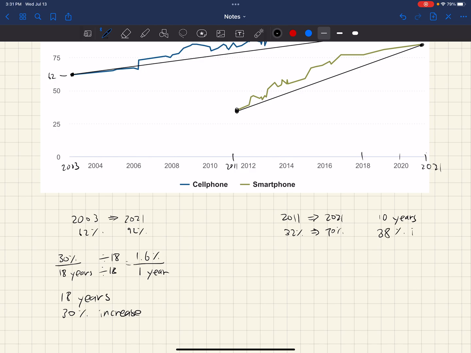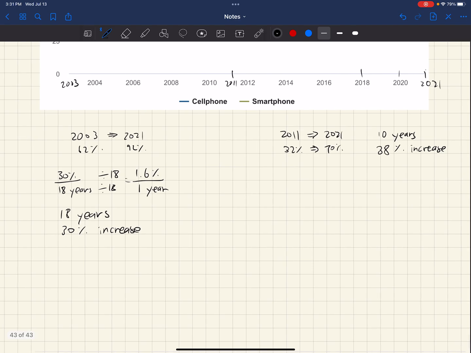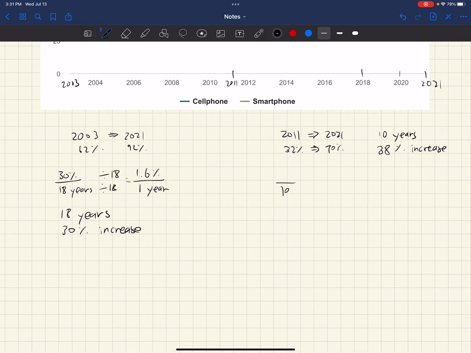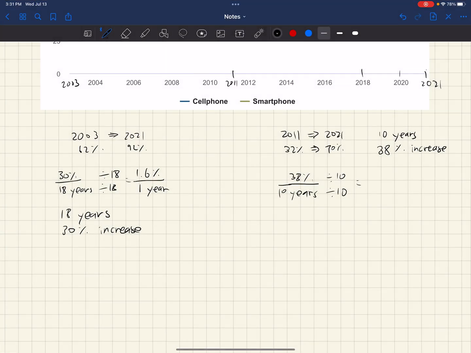Okay, so over the course of 10 years there has been a 38% increase, which means if I divide the top and bottom by 10, 38 divided by 10 is equal to 3.8.